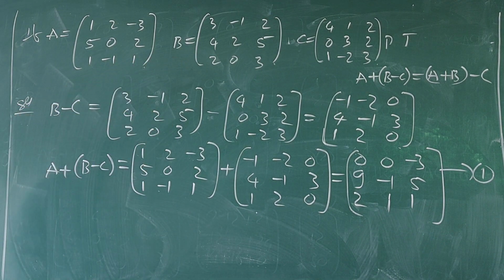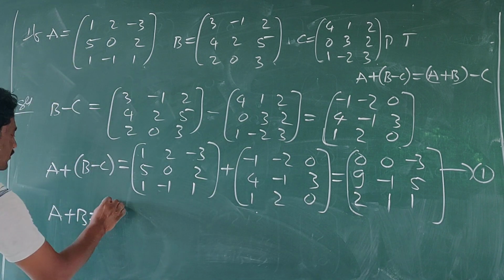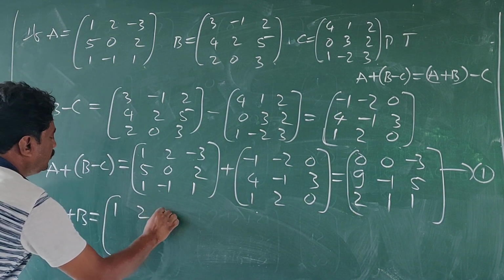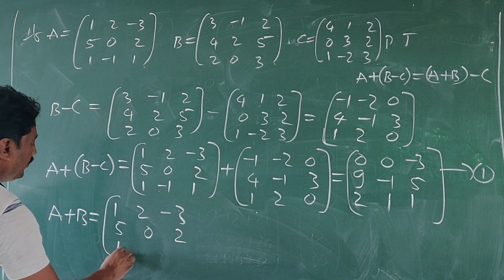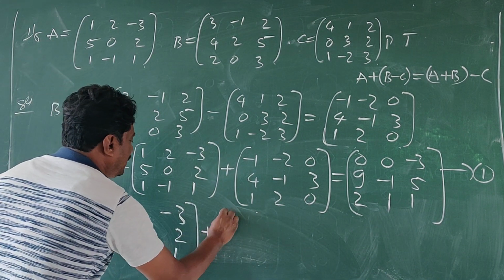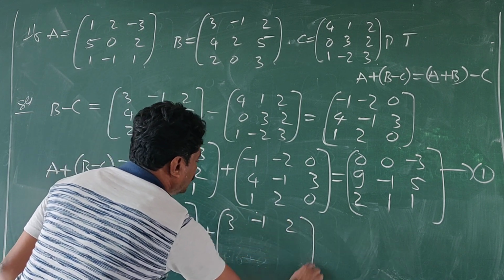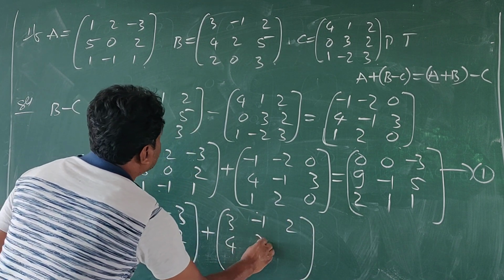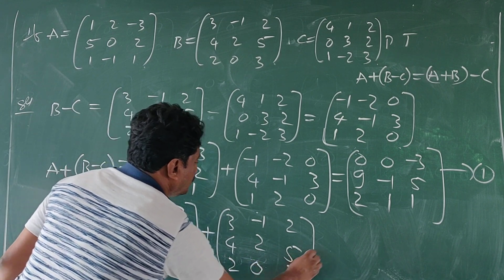Next, let us find out (A + B) - C. A + B: A is [1, 2, -3; 5, 0, 2; 1, -1, 1] plus B, [3, -1, 2; 4, 2, 5; 2, 0, 3].